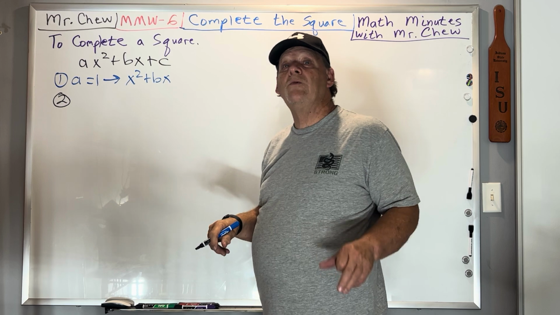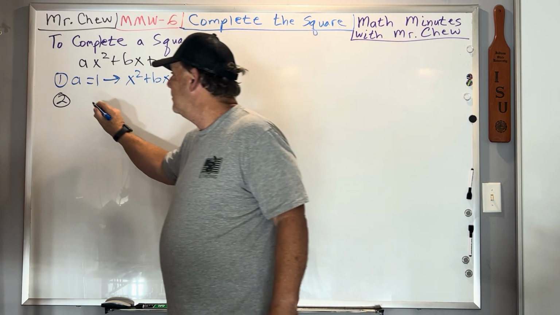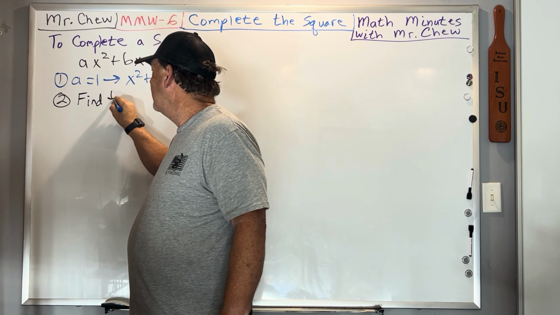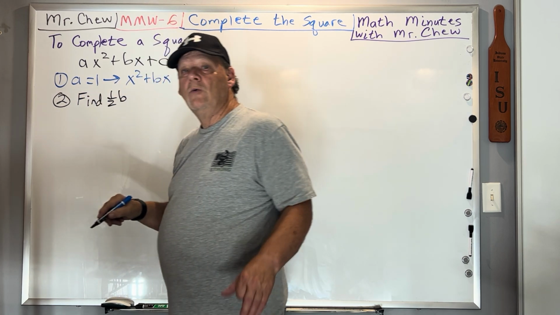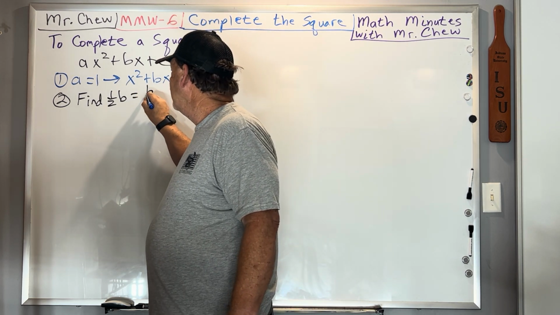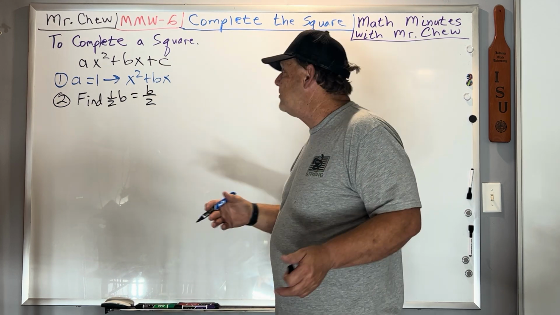So on step 2, I have to find what 1/2 of b is. So I find 1/2 of b, which can sometimes, it's helpful to write it as b over 2. It's the same thing. Divide something by 2, you're getting half of it.